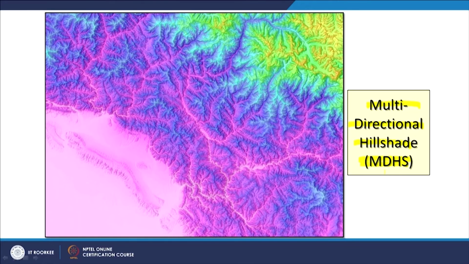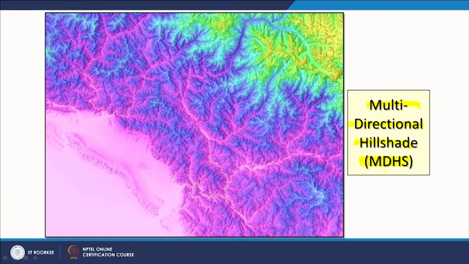Because it is covering a large area, you are not seeing much detail, but if you zoom into any part and compare with the conventional one, you would really appreciate the advantage of having multidirectional hillshade.